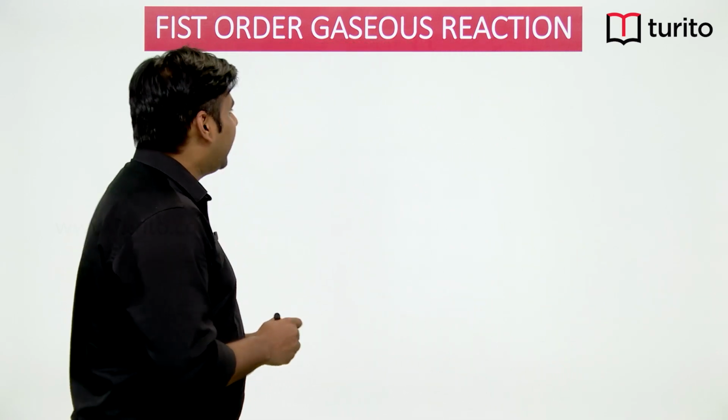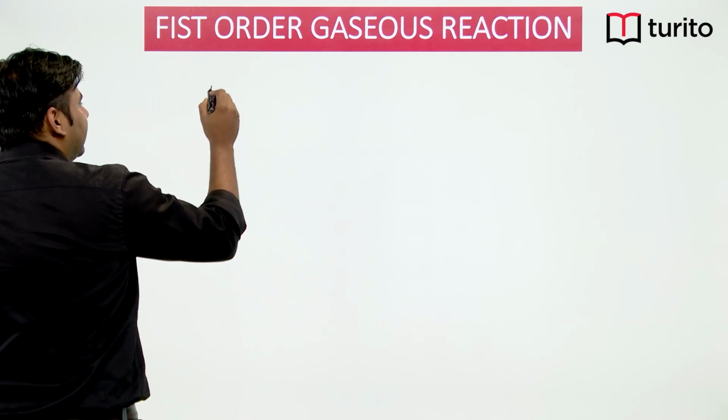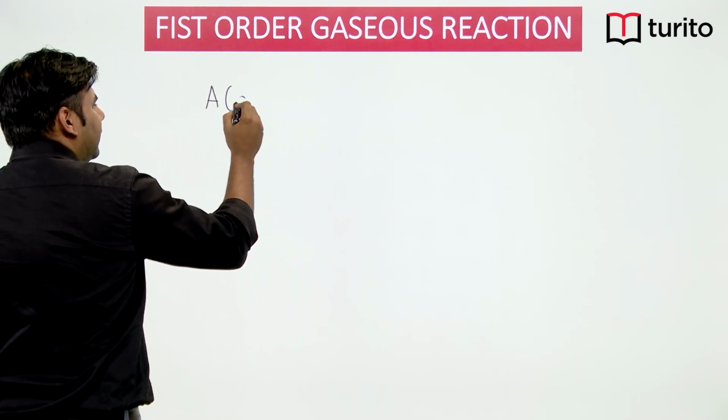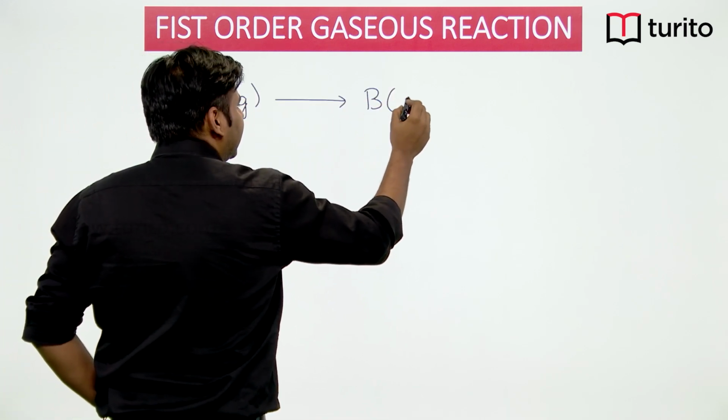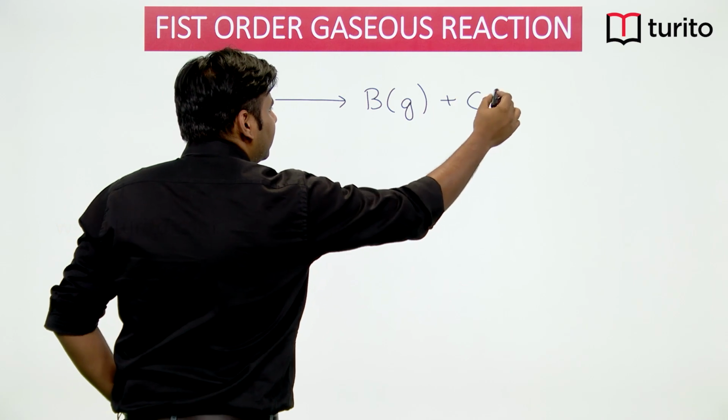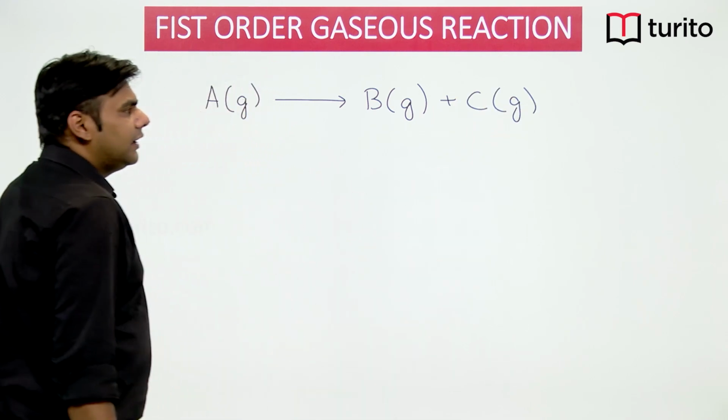So let us consider a gaseous reaction something like this. Suppose we are having a hypothetical reaction in which A gas is changing into B gas and suppose C gas, okay. So this is just a hypothetical reaction.